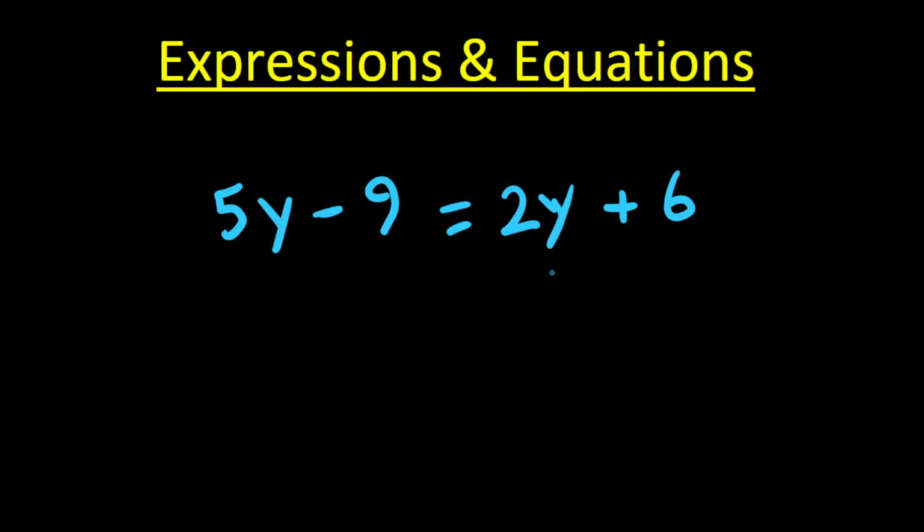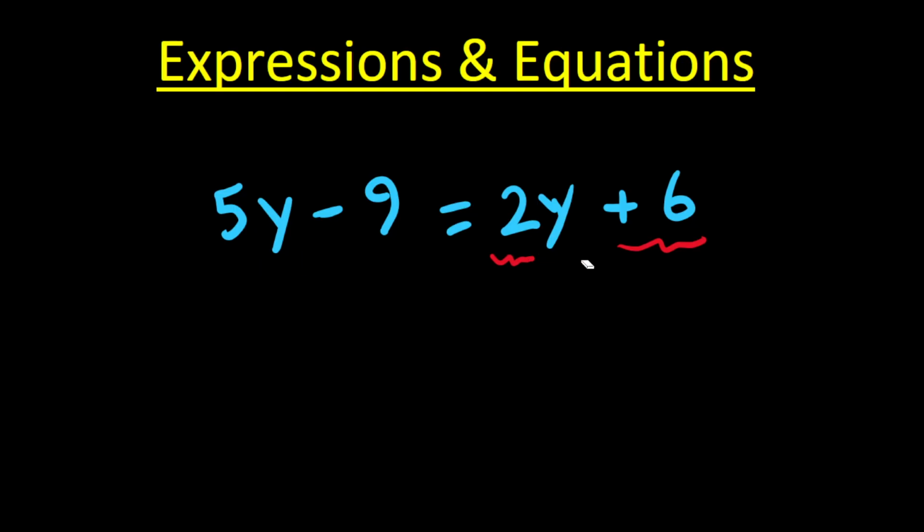So this one's a little more complicated just because we have the variable y on both sides. So again, y is the variable, and minus 9 and plus 6 are the constants. We also have a constant right here too. 2 times a variable. 2 itself is a constant, and 5 is also a constant.